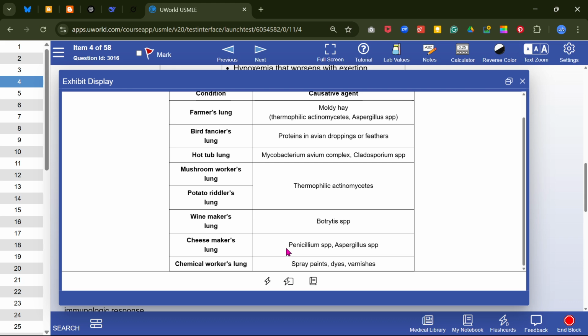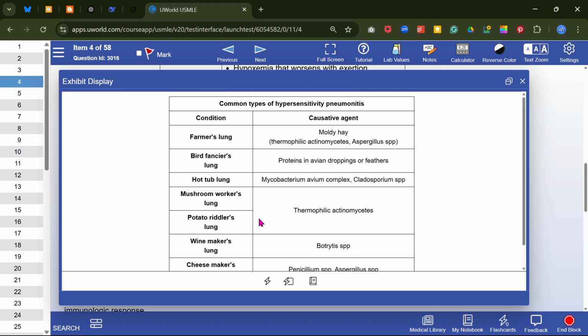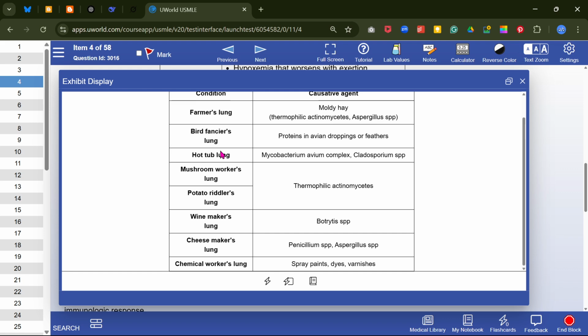These are the causative agents that can cause hypersensitivity pneumonitis-like conditions: farmer's lung, bird fancier's lung, hot tub lung due to Mycobacterium avium, mushroom worker's lung, potato riddler's lung due to thermophilic actinomyces, winemaker's lung due to Botrytis, cheesemaker's lung due to Penicillium, and chemical worker's lung from spray paints, dyes, and varnishes.